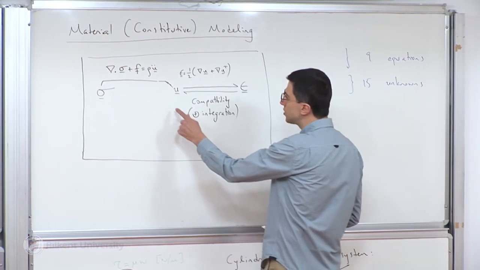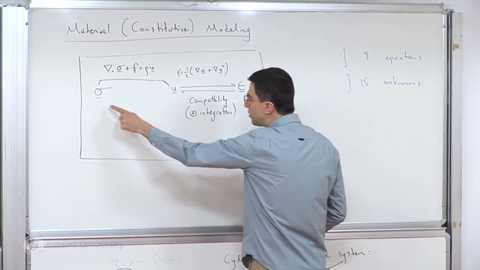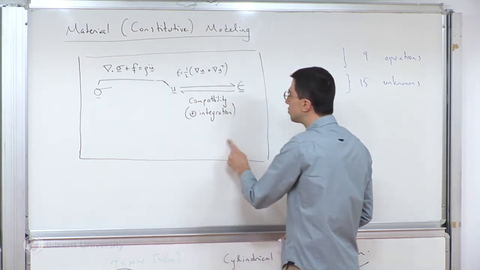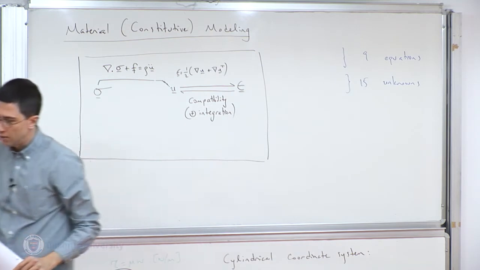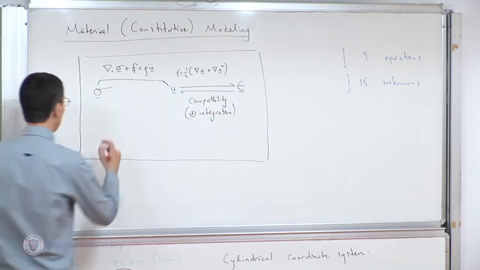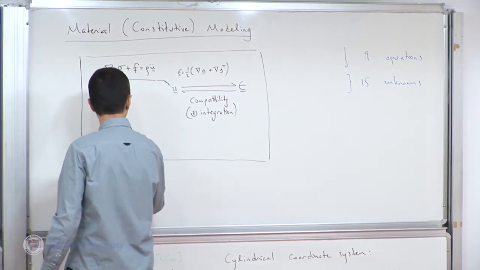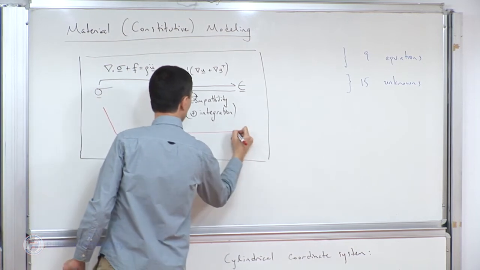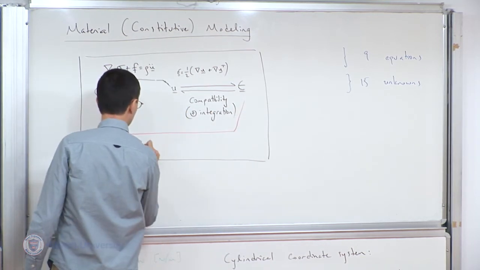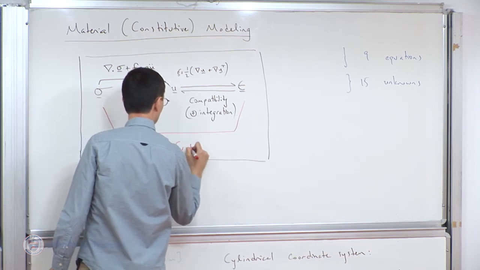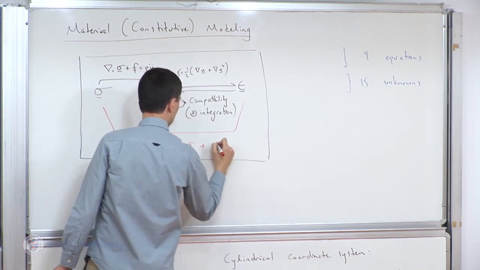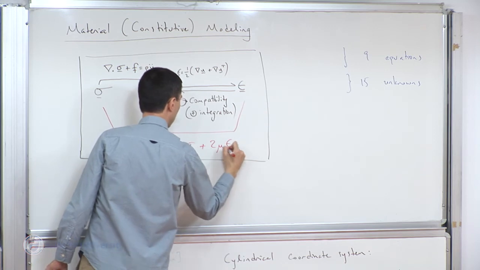And these equations eventually will come by relating stress to strain. All of these quantities are already linked to one another. The equation that I'm missing, and that I will now remind you, is the equation that says, for instance, stress is equal to lambda epsilon v identity plus 2 mu epsilon.